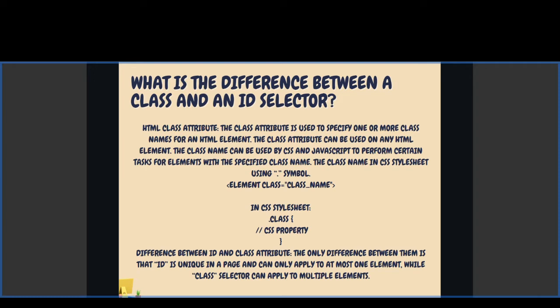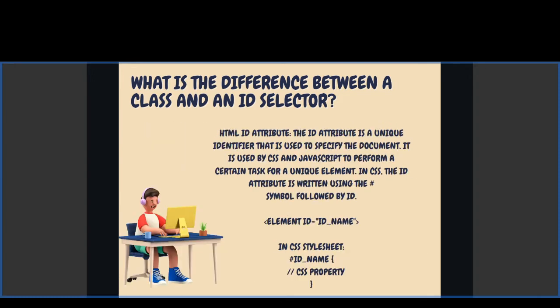Now the second is ID. When I want to specifically target something, like a specific button, a specific heading, or a specific animation that is very specific to only one element, then we can use the ID.